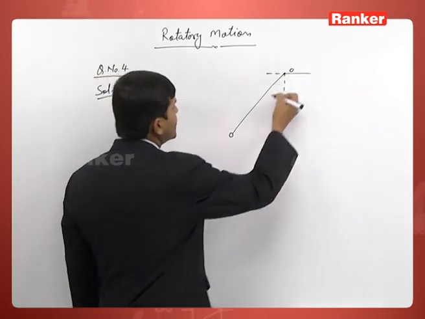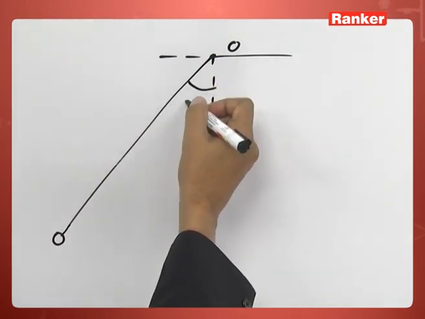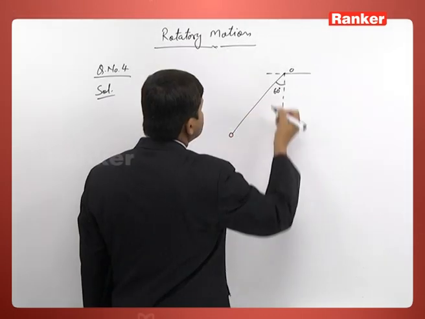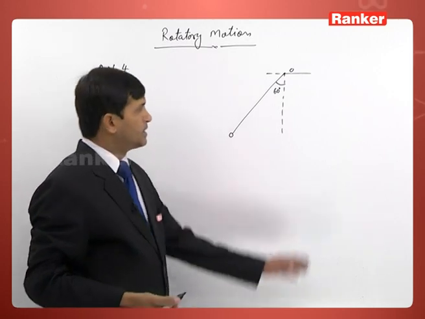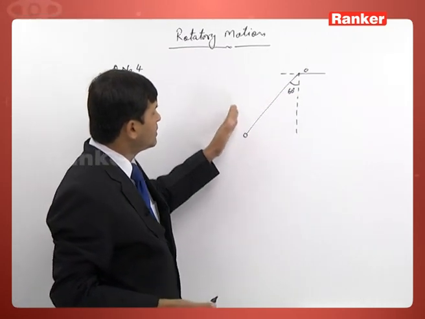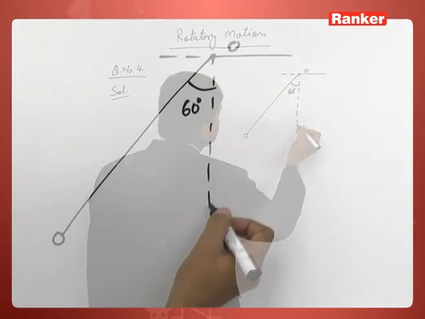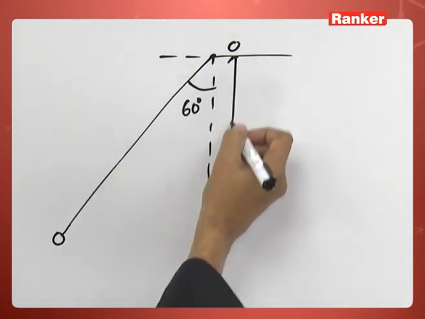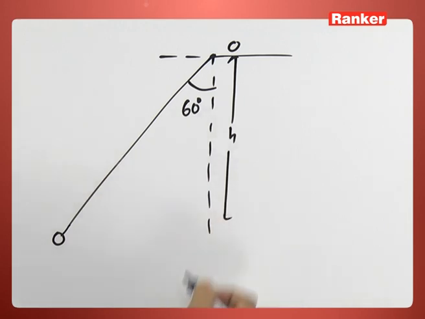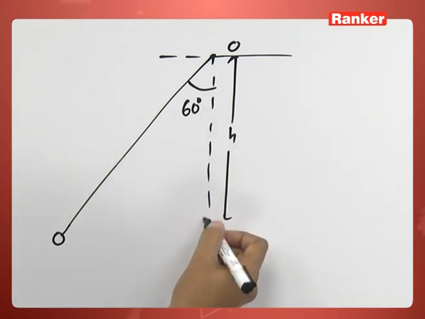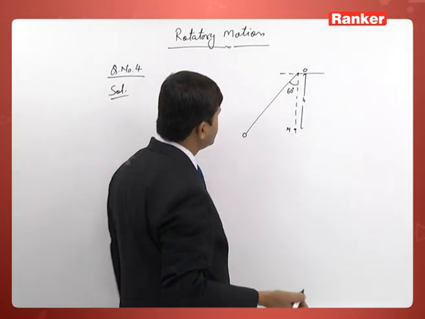Initially the bob is making an angle of 60 degrees with the vertical. Now it has been released. It is given that at height h below, a nail is placed. Let N stand for the nail.